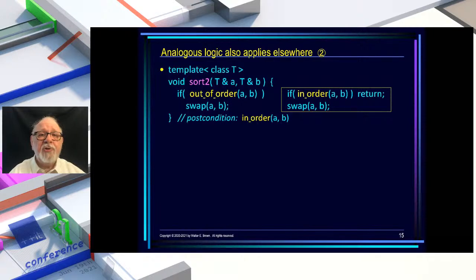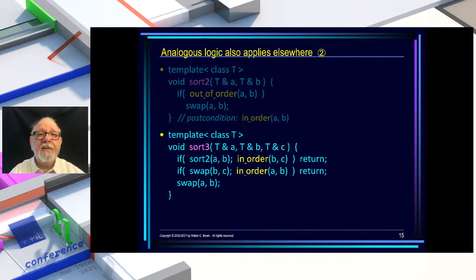Instead of sorting two items, let's sort three. Please take a moment and have a look. This is C++20 code. So the if statements may look a little bit unusual, but this is valid C++20 code, not valid before.